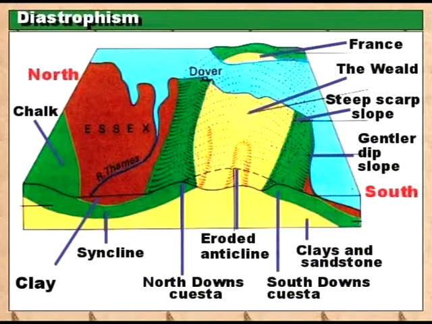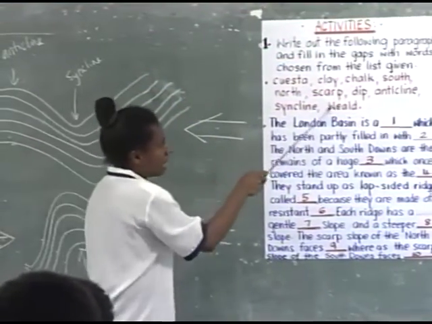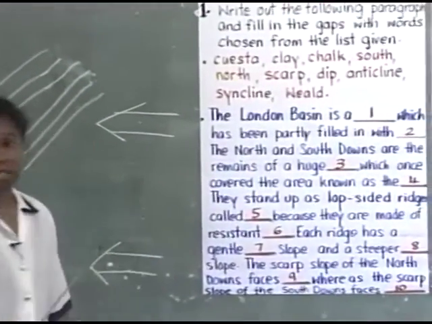It shows us the areas where anticlines and synclines are found, and the different types of rocks found within that region. Using this map, I'd like you to complete filling in the correct words from the list here that will go into those spaces.